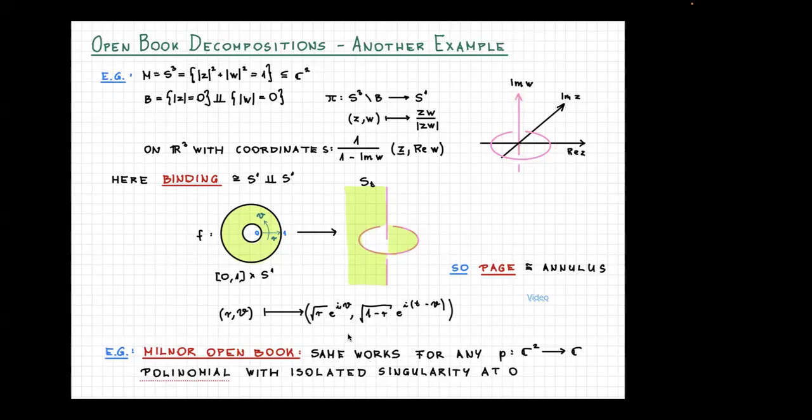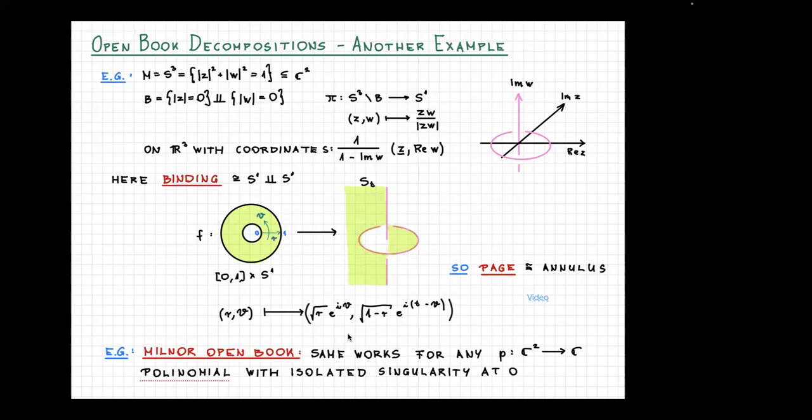And then you want to draw the pages. It's super hard to draw these pages. Here is one. I want you to understand this picture. It's a sort of disk with this part left out from it, and then there is a twisted band which connects it to this half disk here, and then there's another twisted band which connects it back.